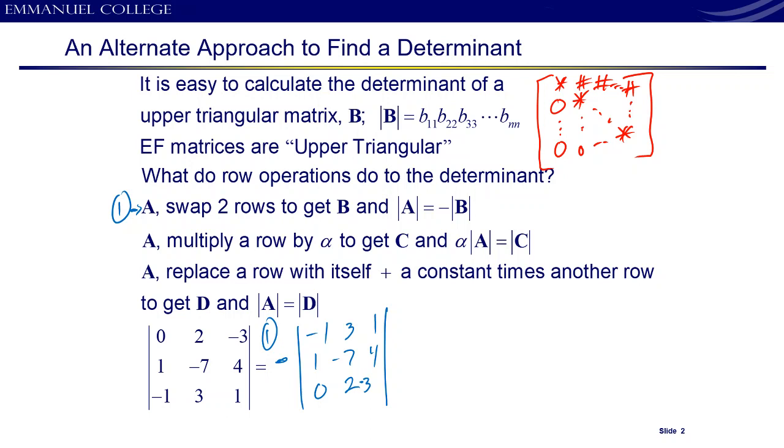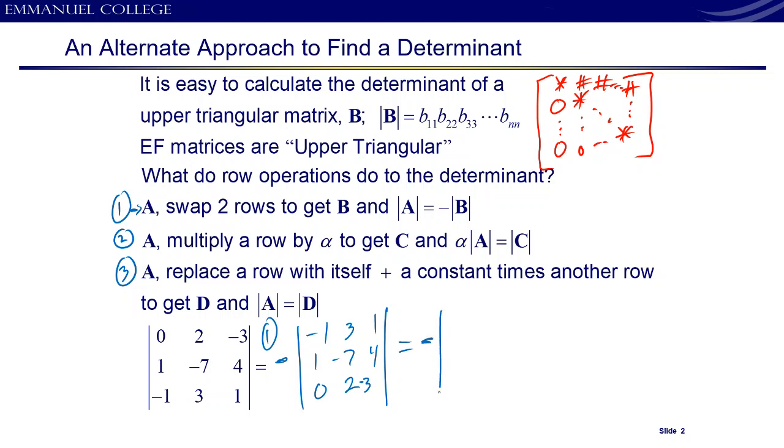So I applied that first one. Now I'm not actually going to apply the second one. So if I call this one 3, then I'm just going to add row 1 to row 2.